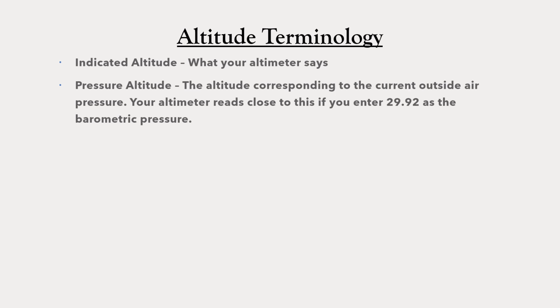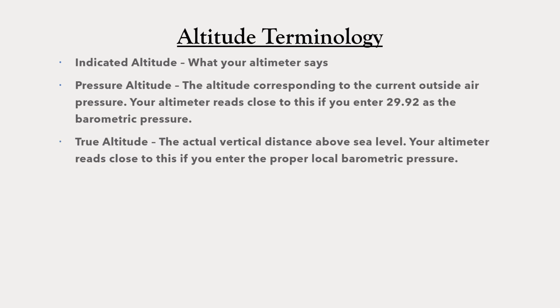It's the altitude when you enter in a standard barometric pressure into the altimeter, it will read pressure altitude. That's used at very high altitudes, so that the aircraft that are flying long distances don't have to make such frequent changes to their barometric pressure indicator in their altimeter.